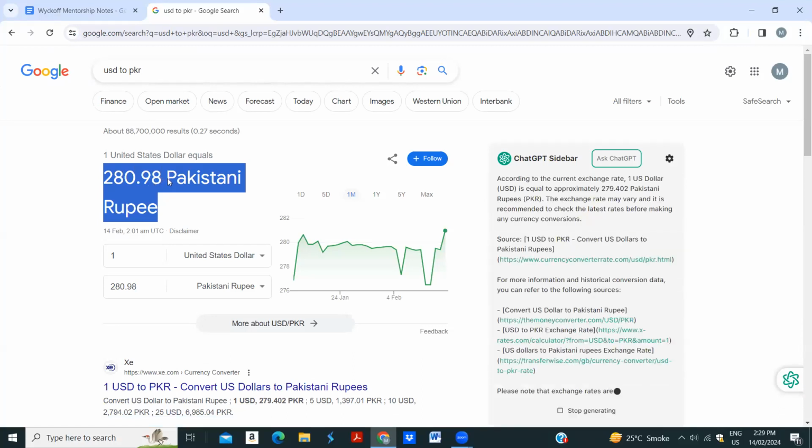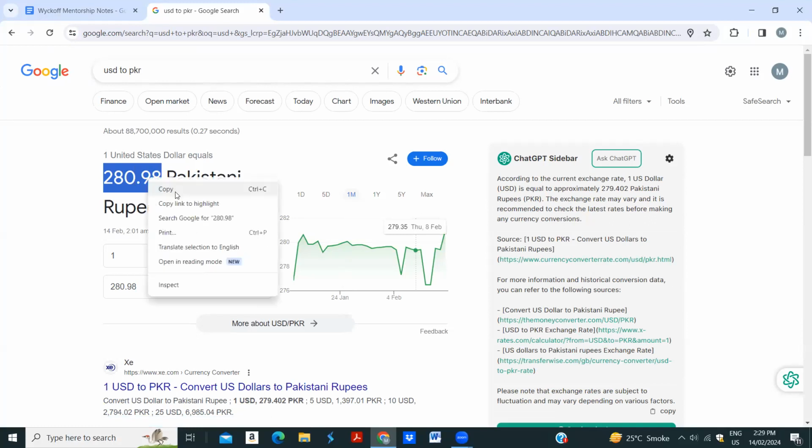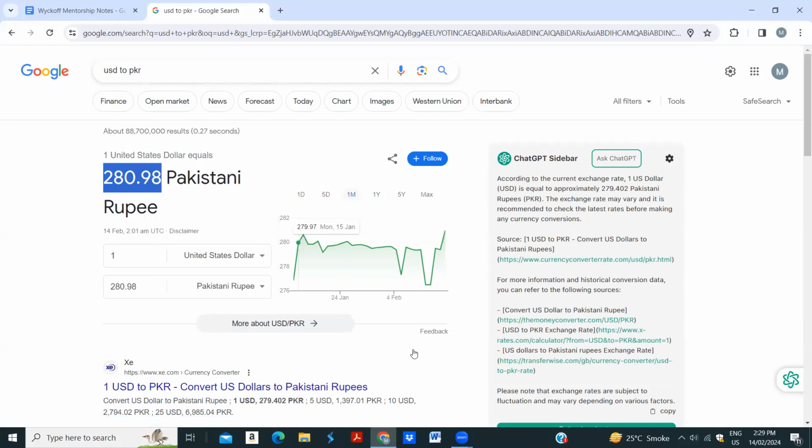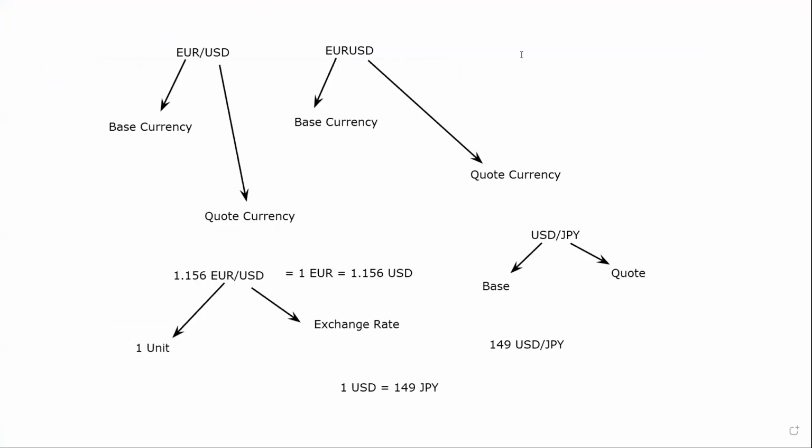This is an example which we have taken from Google. So what does this show? Let's just copy it and go to the whiteboard, and we have an example of USD slash PKR.